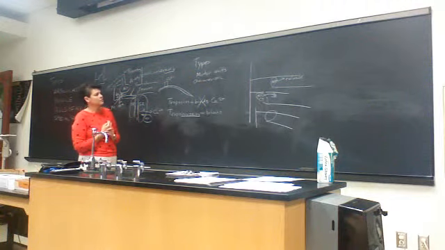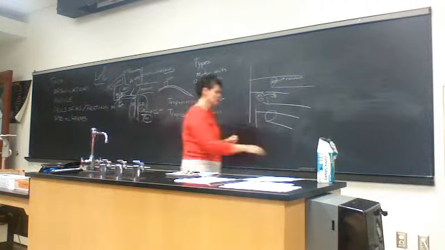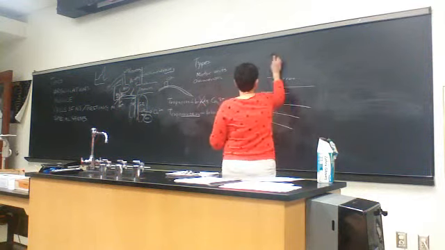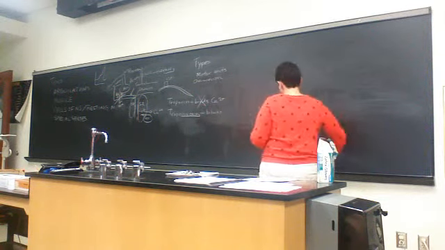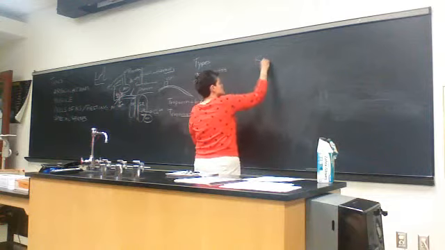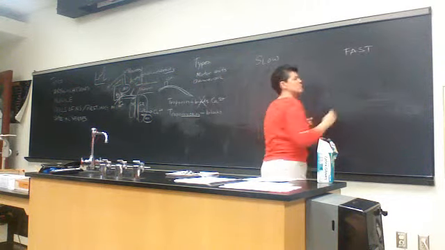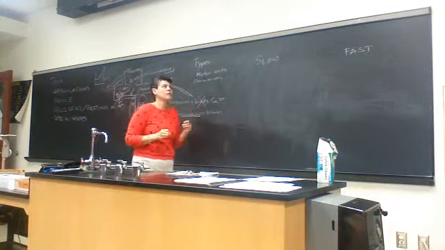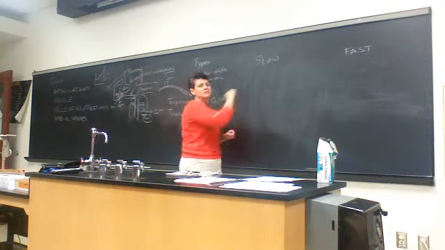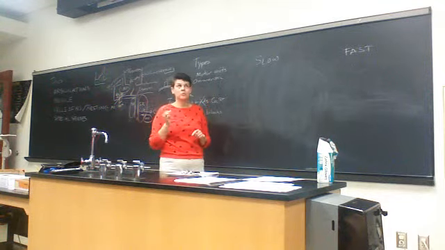I forgot what else I had up there. Types. So we talked about a couple of different types of muscle. We had slow twitch and fast twitch. The speed. Slow twitch and fast twitch.